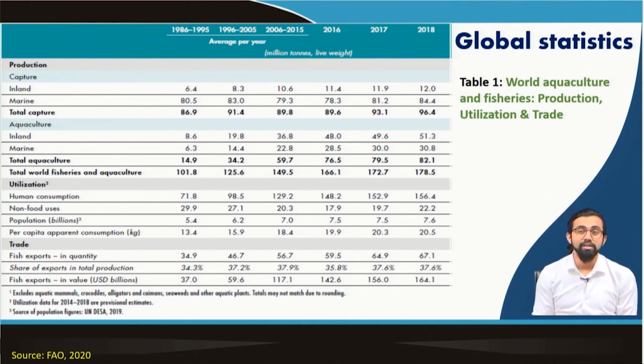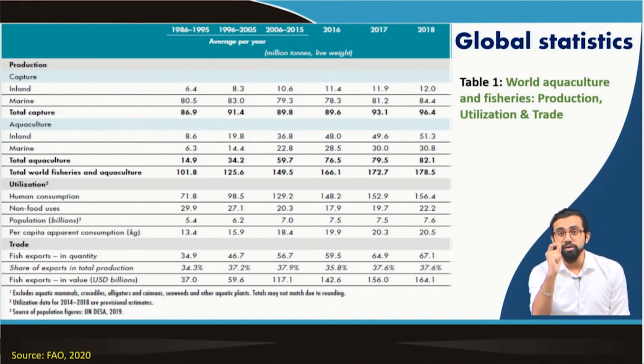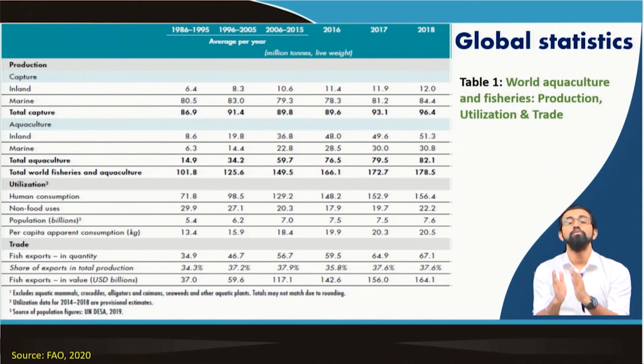Though there is no data available for the last 4 years, I can guarantee these values are almost the same now. Capture fisheries and culture fisheries are contributing almost 50% of world fish demand right now, and in the coming decade it will drastically change. It will just be the other way around.